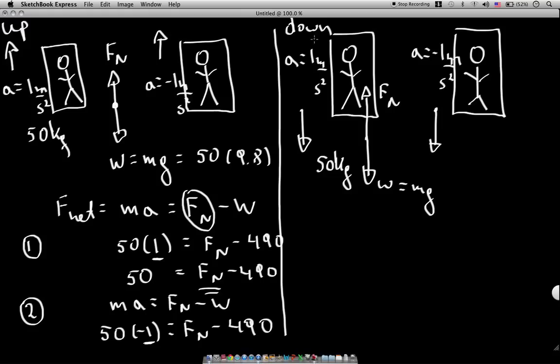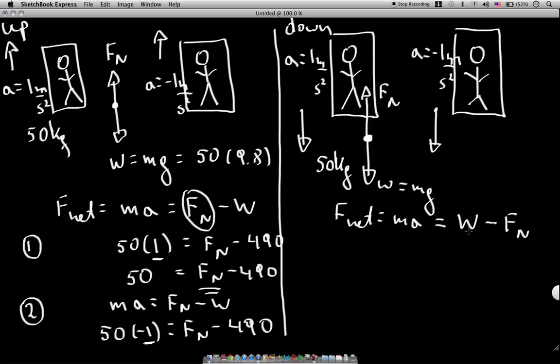When you're going down, then again we still have the same equation. F net is equal to MA, except now when we're summing up our vectors of forces, recall from the video that now we have to write W minus Fn, which is the opposite of what we wrote here.